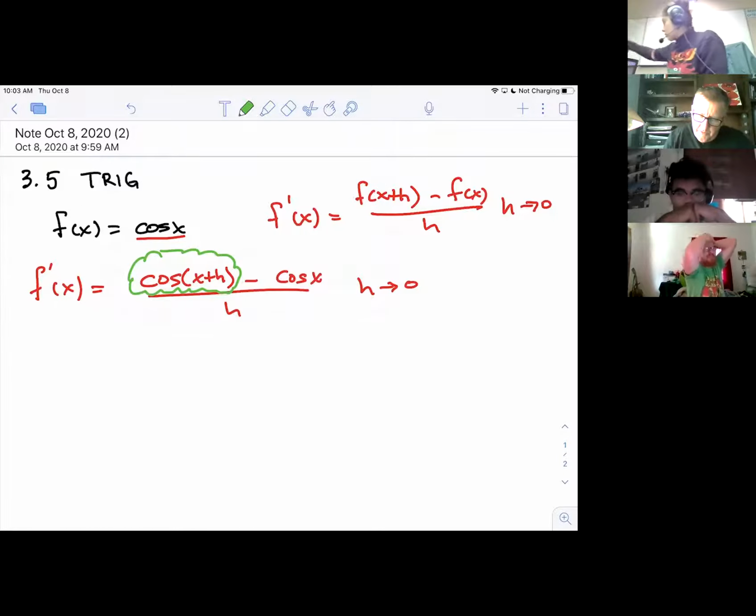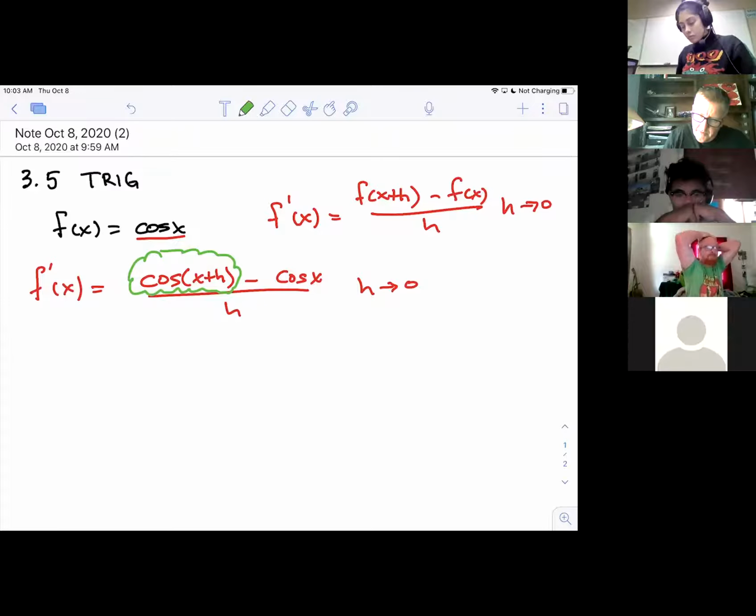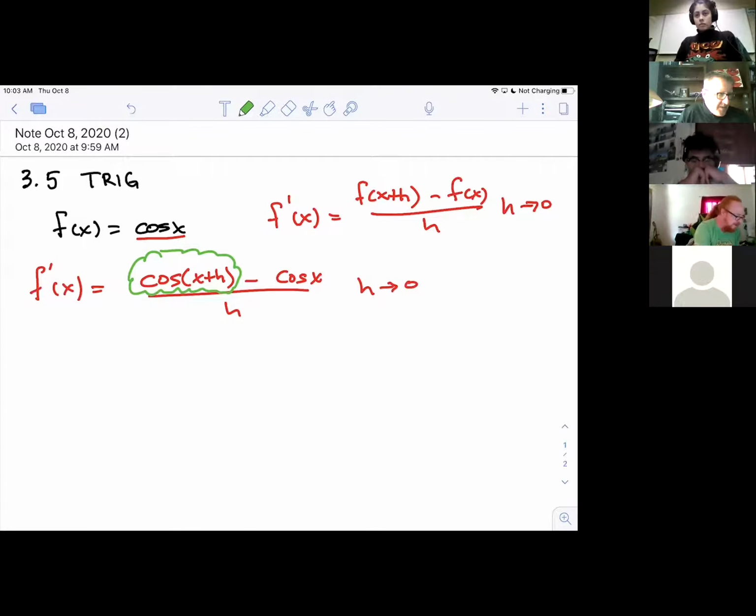My note sheet says that if you have the cosine of x plus y, that would expand to, and this is all I would hope from Math 112, that when you see that, you'd say, hey, there was an identity about that. Cosine of junk plus junk is the same as the cosine of the first one times the cosine of the second one minus the sine of the first one times the sine of the second one.